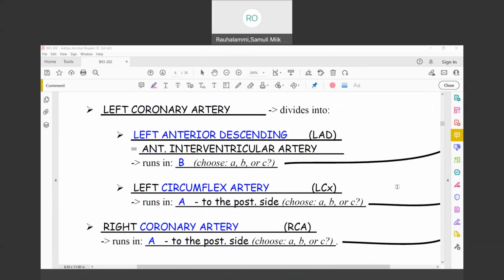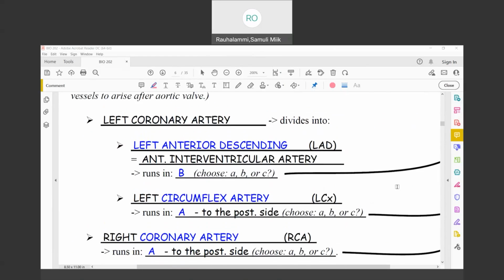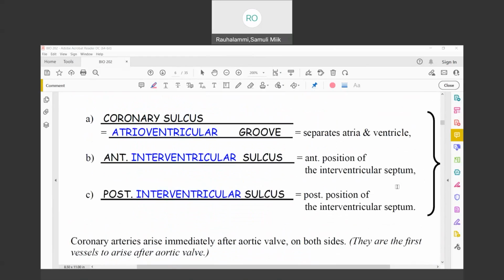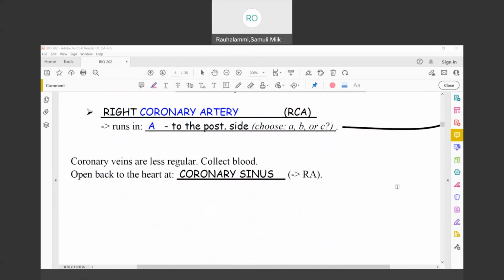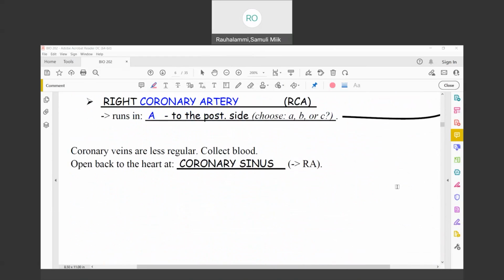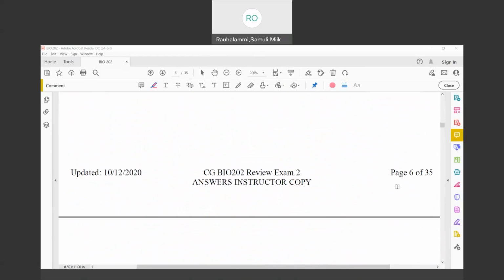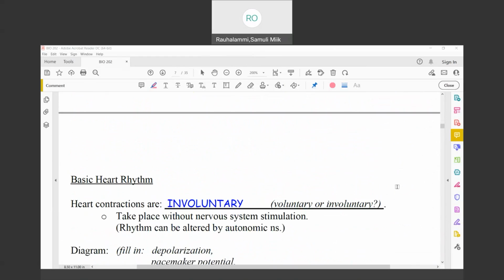And finally, on the right-hand side, we have the right coronary artery, which ran in the right coronary sulcus or right atrioventricular groove, going on the right side, with branches leading from there to the anterior side and going all the way to the posterior side. So that's a good set of coronary arteries to see. I mentioned that we didn't spend too much time on the coronary veins, but the arteries are very important.